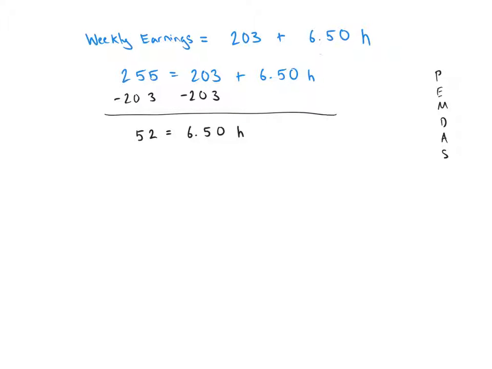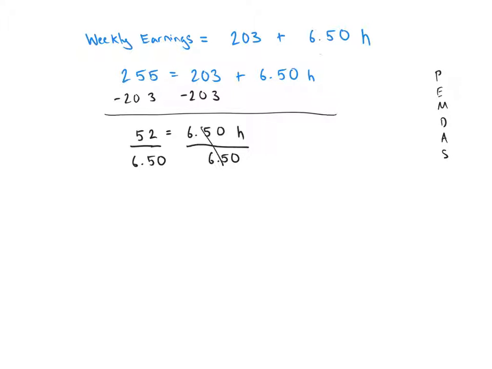And so if we want to isolate H, we have to think about what we have to do to 6.50 times H to get H by itself. And if we just divide this side by 6.50, then these will cancel out and we'll have H by itself. But we know that if we divide the right side by 6.50, we also have to divide the left side by the same thing.